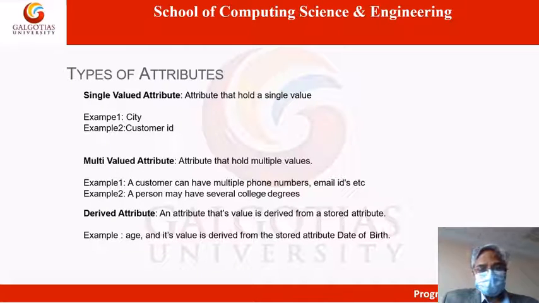Suppose in an employee table or student table, date of birth is stored. From that stored value, we can find the age of the student or employee. So age is a derived attribute which can be derived from the date of birth.